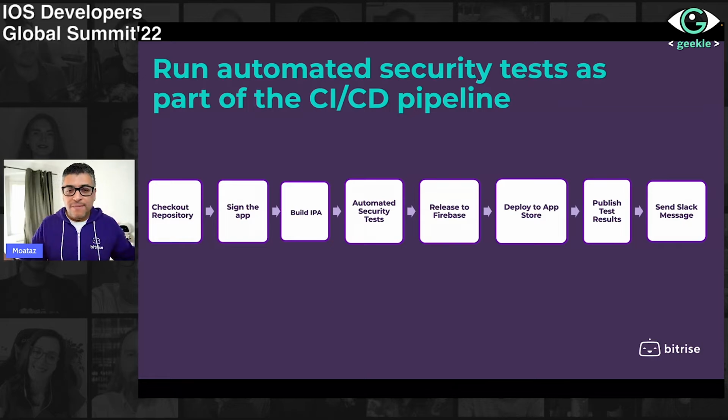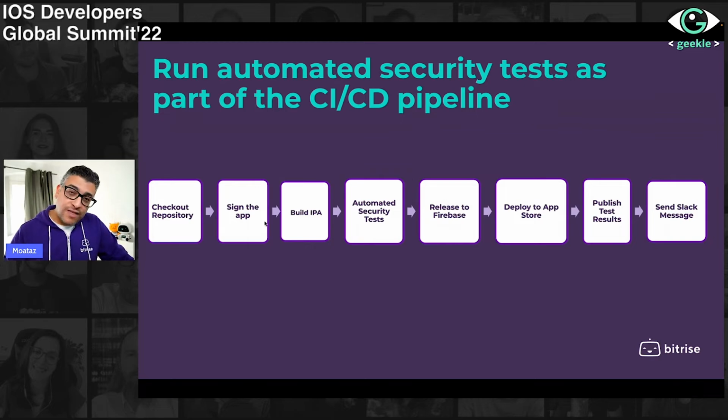So this is mainly the CI part. For example, we can assume that up to this step, automated security test, is the CI. So every time we have a pull request, we check out the repository, sign the application, build the IPA, and run the automated tests. This can also include functional testing, unit testing, static analysis testing, so different types as you like and as you agreed with your team.